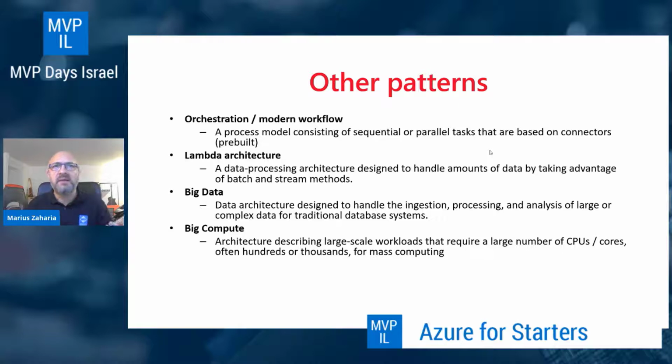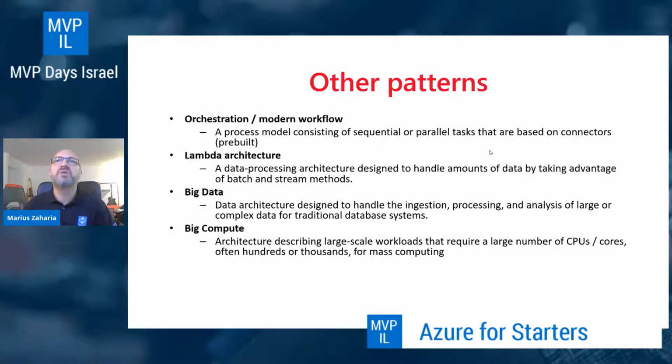The Lambda architecture, which helps treat data in two parallel modes: one is the classical batch mode, and the other is a streaming method.